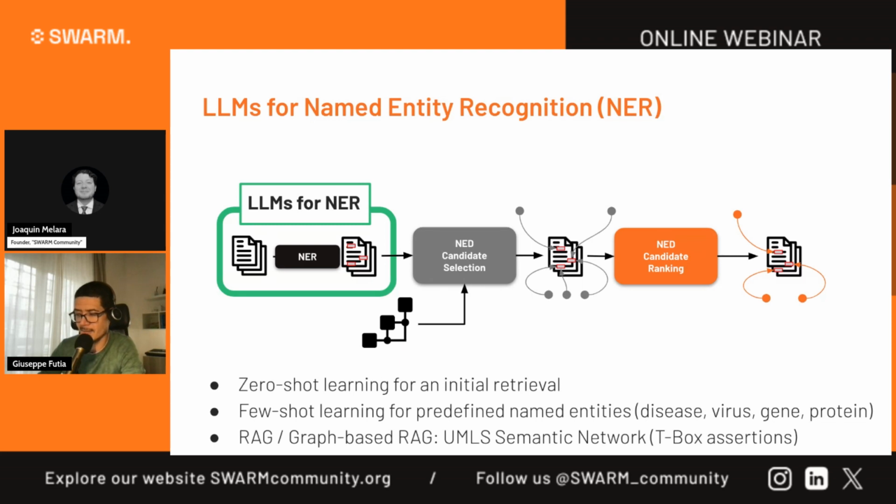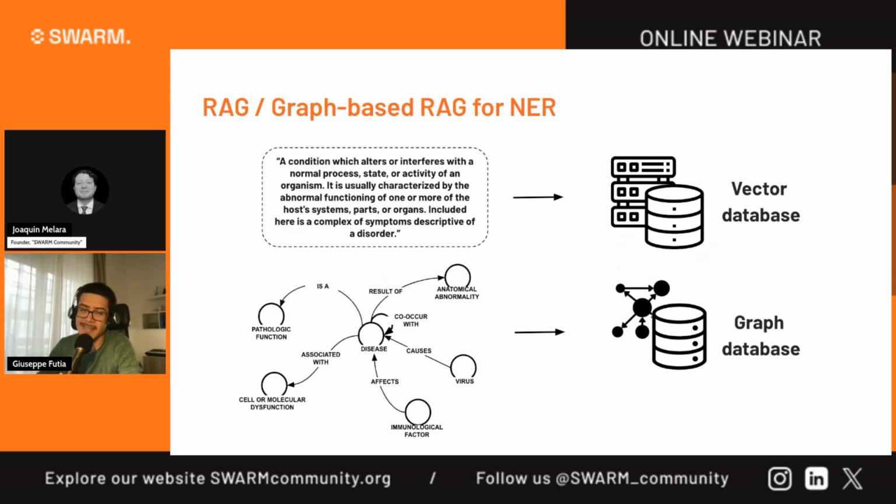In this case, we can leverage the semantic network of UMLS. In this case, the T-box assertions means that we can use just the terminology, the vocabulary of UMLS, not the data by themselves. So this is an example of the sources that we can leverage.